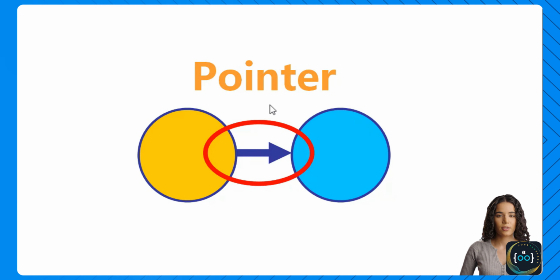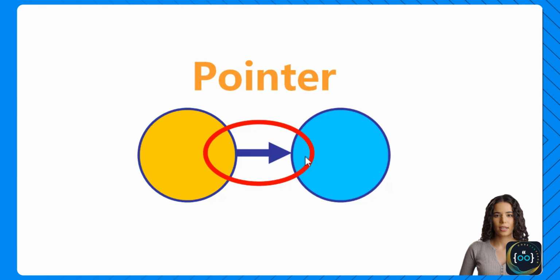In this case, we say that the yellow node has a pointer to the blue node, because notice where this arrow is pointing to. It is pointing towards the blue node. So that means that we can reach the blue node from the yellow node. If we are in the yellow node, we can move through the data structure towards the blue node, but we can't go back because the arrow is pointing this way.